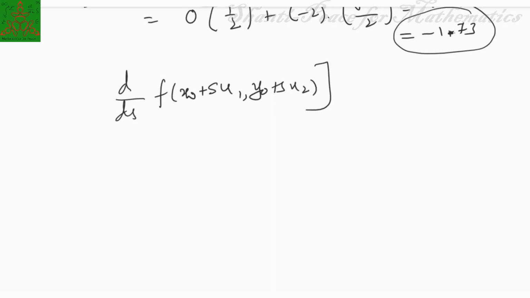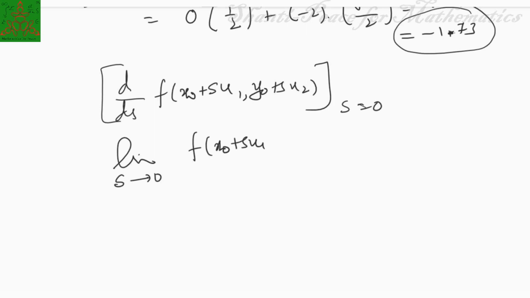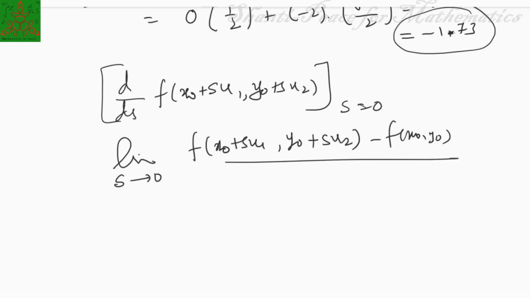We have solved certain examples of a directional derivative in three ways. One is d by ds of f of (x0 plus s u1, y0 plus s u2) at s equal to 0. Another way is the limit as s tends to 0 of f of (x0 plus s u1, y0 plus s u2) minus f of (x0, y0), upon s.